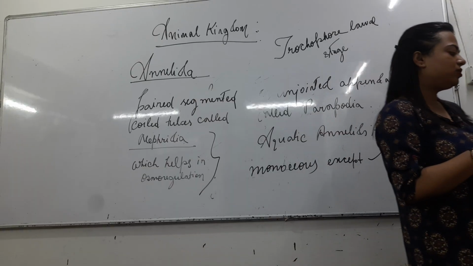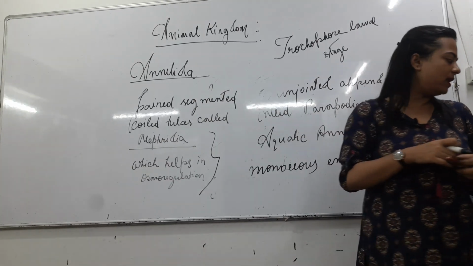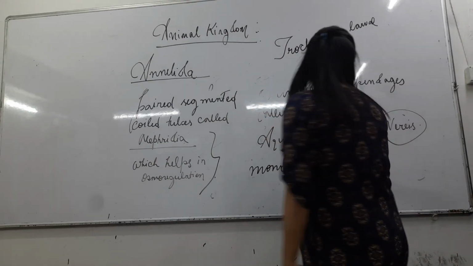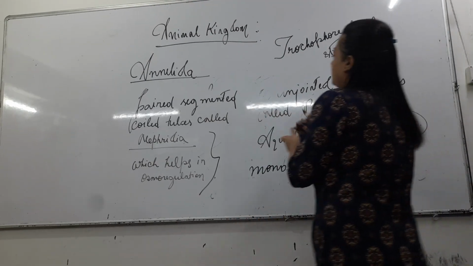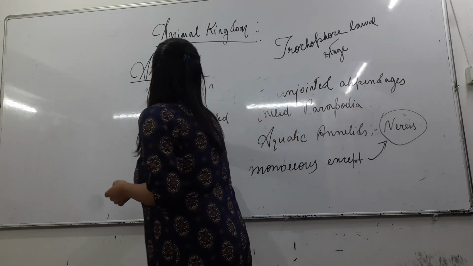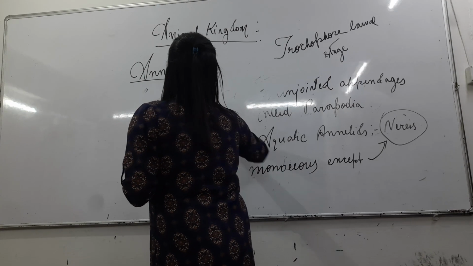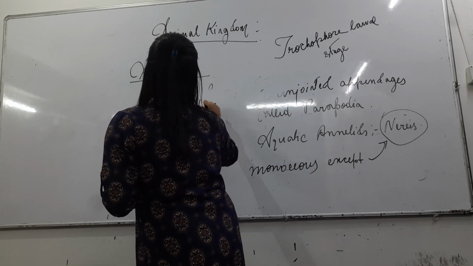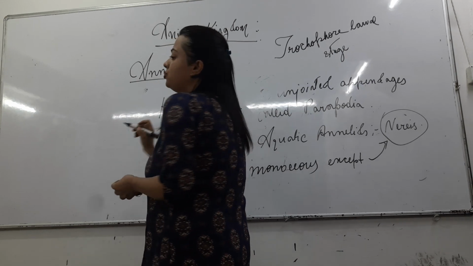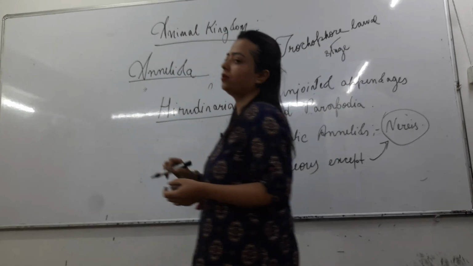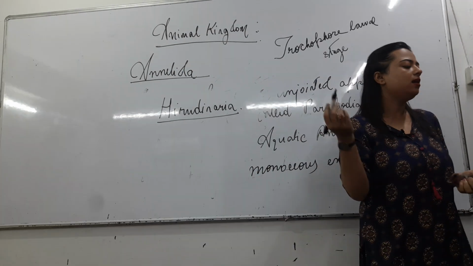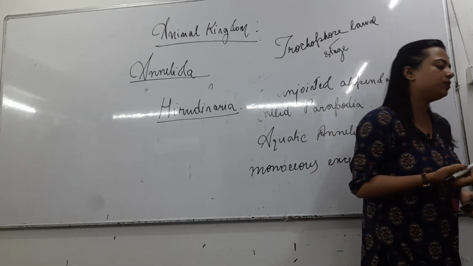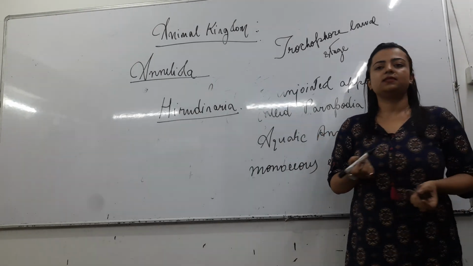Blood sucking leech or Hirudinaria has an open circulatory system. This is an exception.